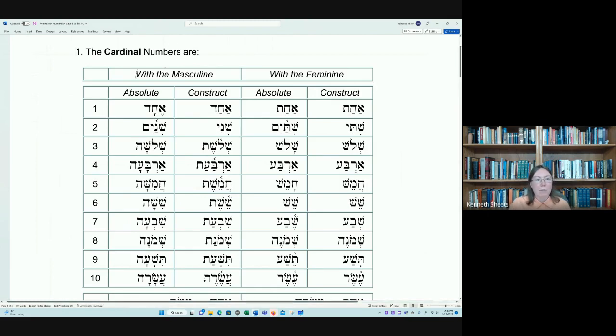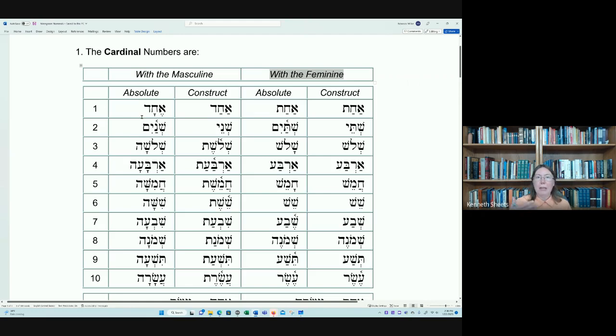And it is for this reason that you have at the top here these little headers that say with the masculine and with the feminine nouns. So if you have a number that is referring to an entity that would be masculine grammatically or feminine grammatically, there's going to be a specific form of the number that applies.